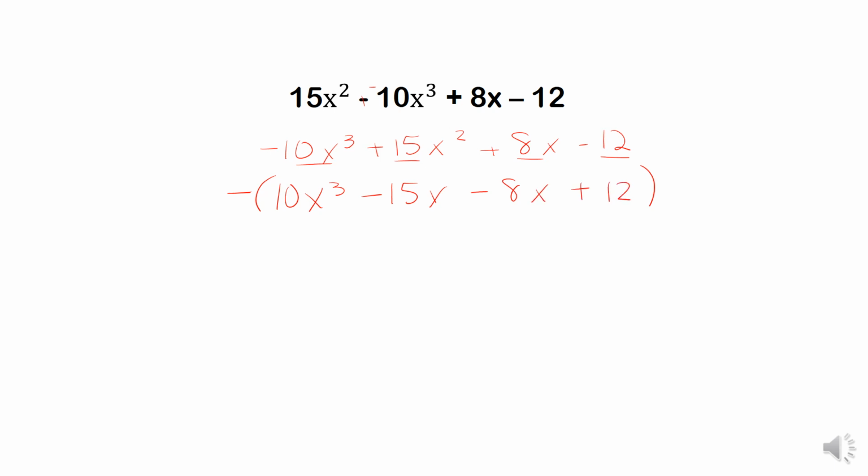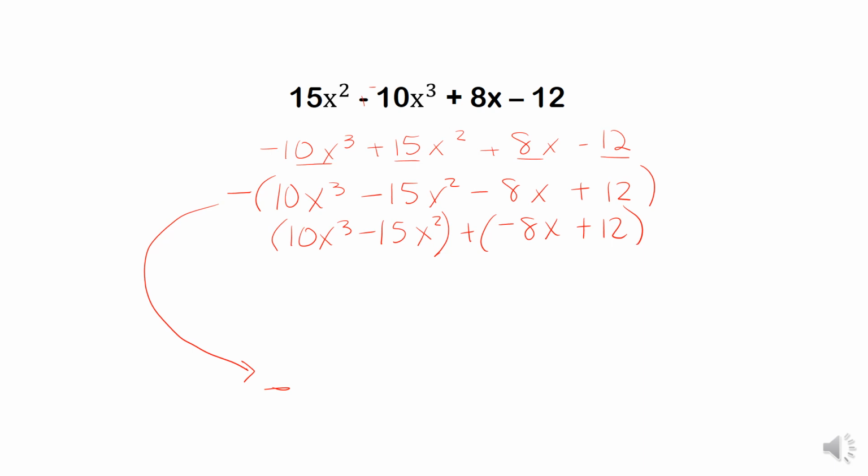Now I'm going to do my grouping, and I'm going to put this negative down here so I don't forget about it, but so that it doesn't get in the way of my math. So I'm going to go 10x cubed minus 15x squared, I forgot my square there, plus, now notice I'm going to put a plus here, and then group a negative 8x plus 12.